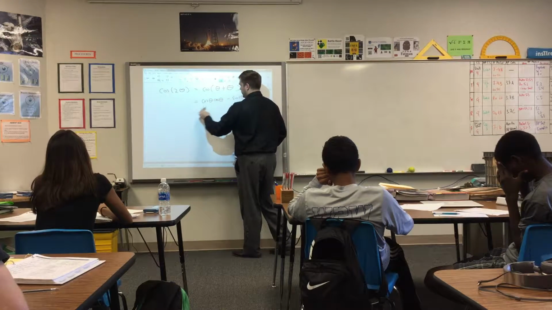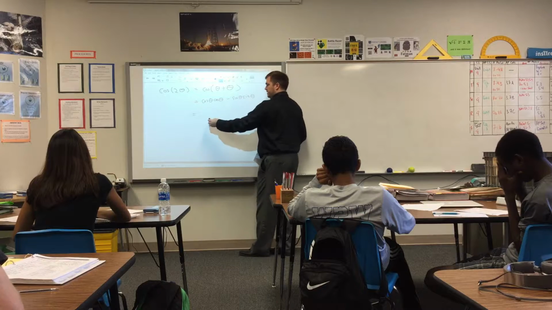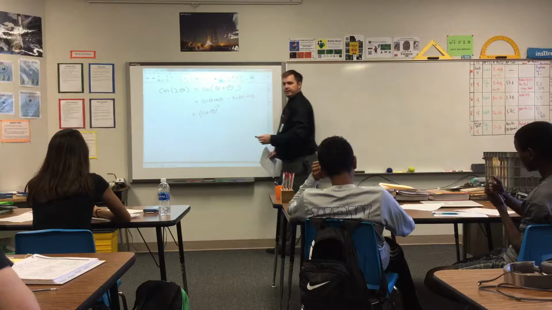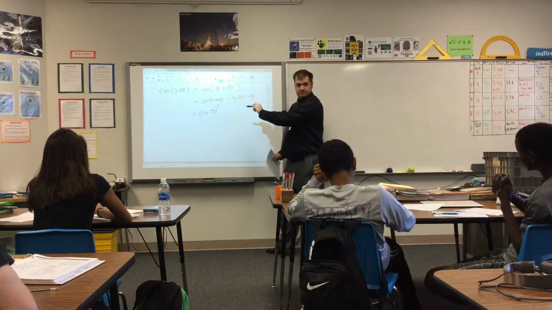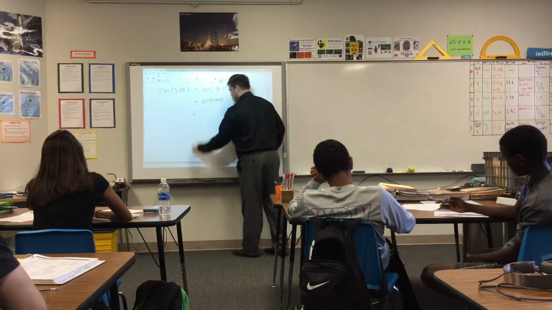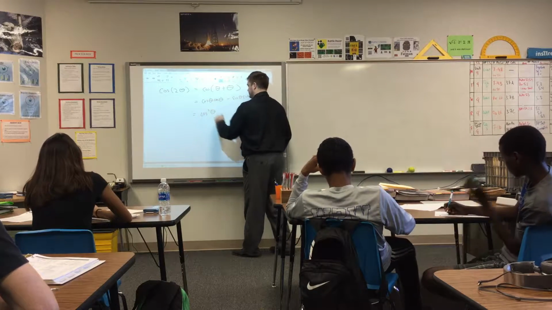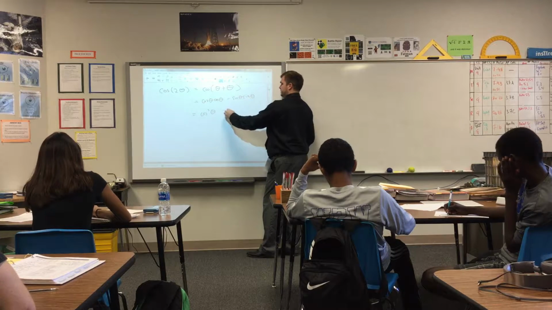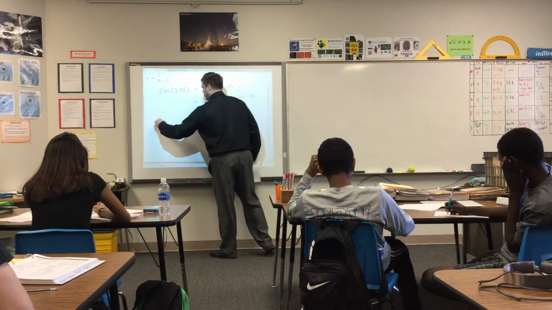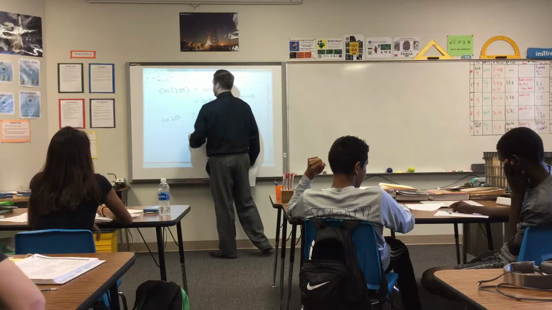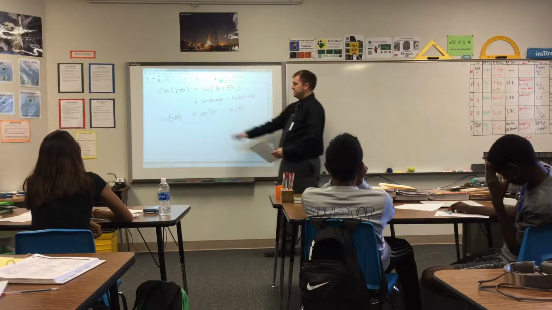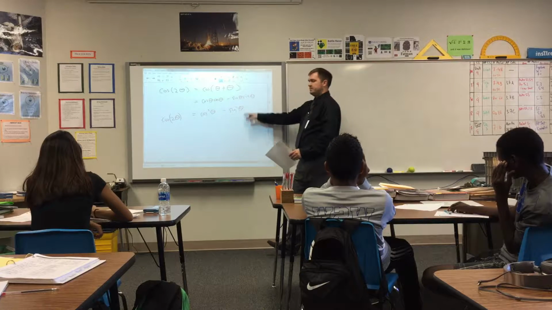So if you have cosine times cosine, we write it as cosine squared theta, that's correct, minus sine squared theta. So the cosine of twice an angle is equal to the cosine of that angle squared minus the sine of that angle squared.